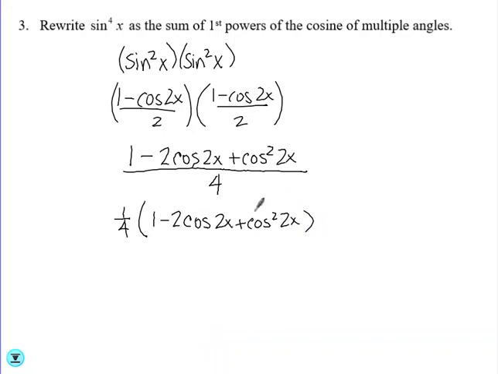I said earlier I didn't want any exponents, so I'm going to have to use the power reducer formula again to get rid of this cosine squared. Everything else is going to stay the same. Since I have cosine squared of 2x, when I use the power reducer formula, I'm going to have 1 plus cosine of 2 times 2x, which will give me 4x, over 2.